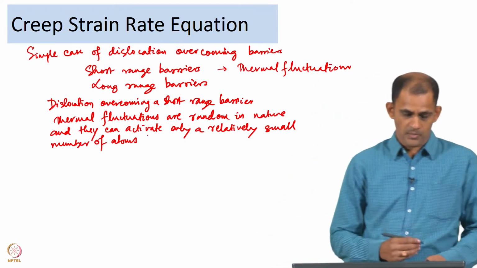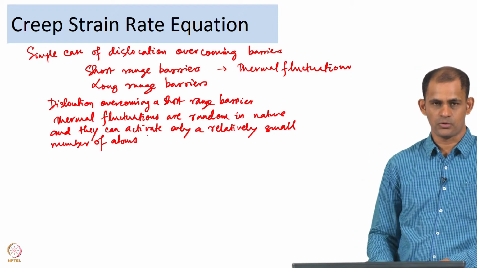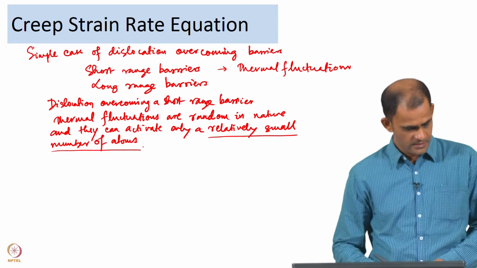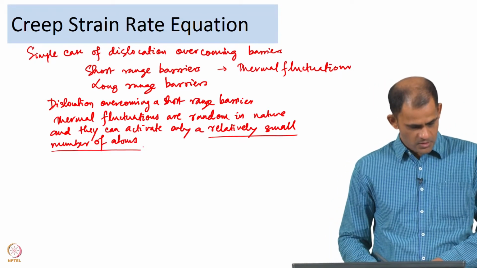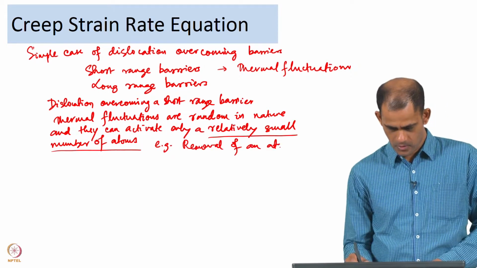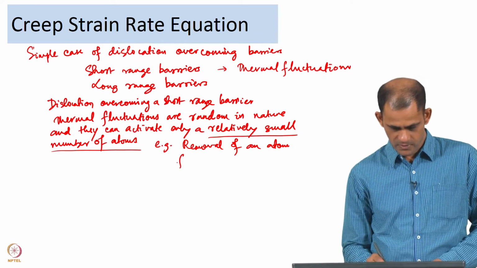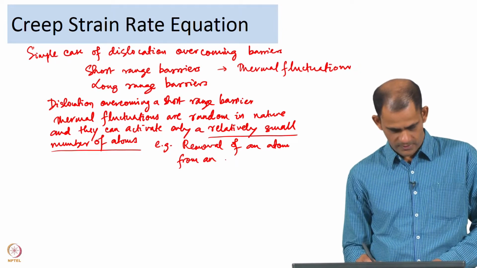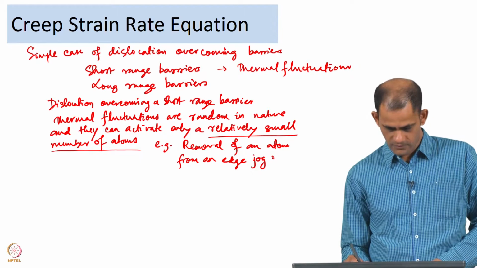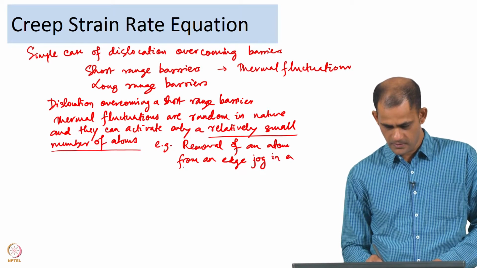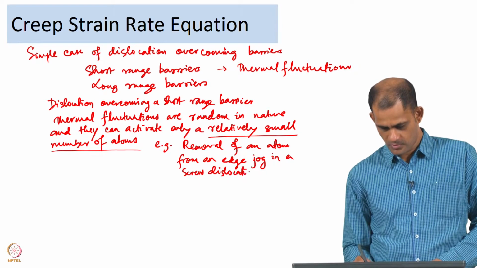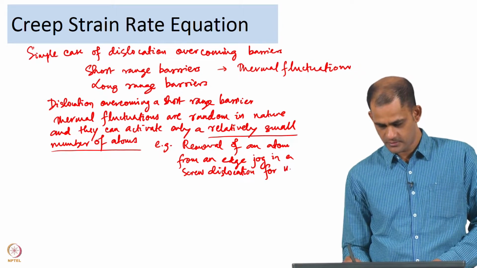So, thermal fluctuations can activate only a relatively small number of atoms and the distances are small. One of the examples, if you remember, is removal of an atom from an edge jog in a screw dislocation for the climb of the dislocation.